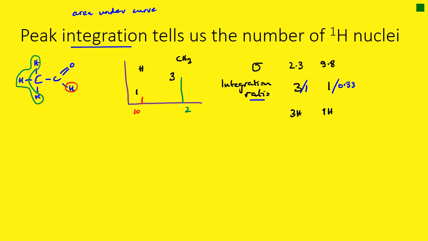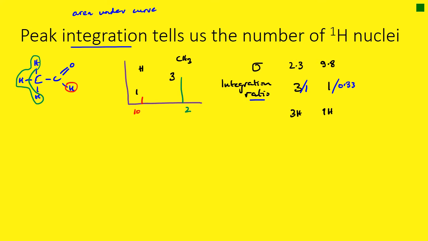You multiply the smallest number up to 1, just like you do for empirical formulas. So you divide it by 0.33 and multiply it up to 1. Do the same for 1. 1 divided by 0.33 is going to be 3. And so then you get your numbers of hydrogen atoms that way. But either way, you get in the end 1 hydrogen attached to the carbonyl carbon and 3 hydrogens in the methyl group that is attached to the carbonyl carbon.